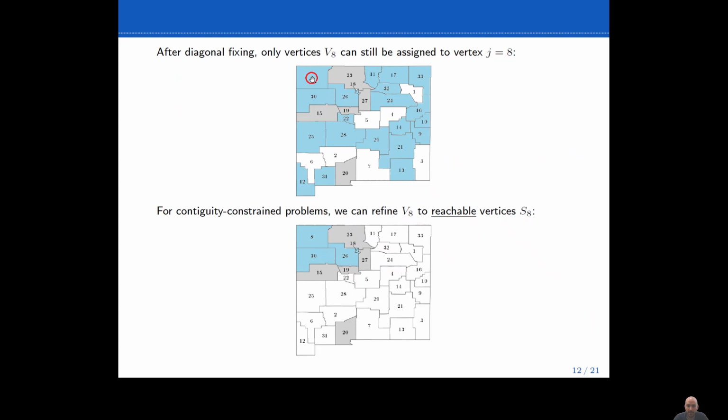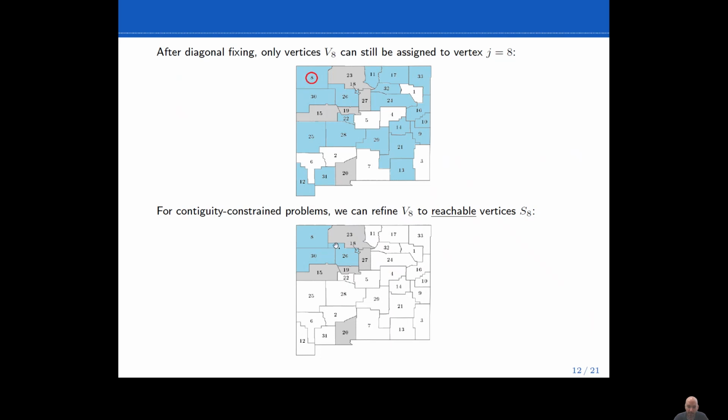There's no way to build a contiguous district made up of blue counties that reaches that population bound. The reason is the reachable vertices from 8 are only these 4 right here. There's a little one right there. So none of these could actually conceivably be assigned to the district rooted at 8.